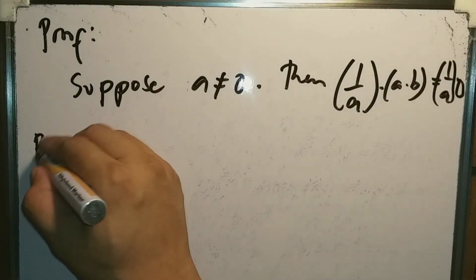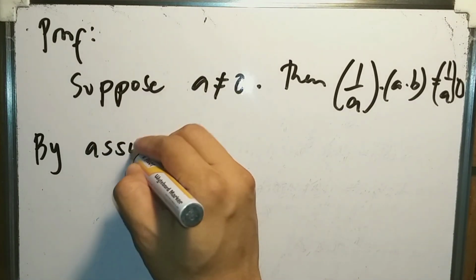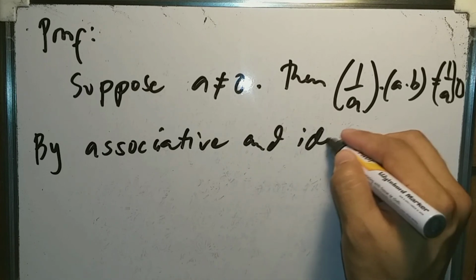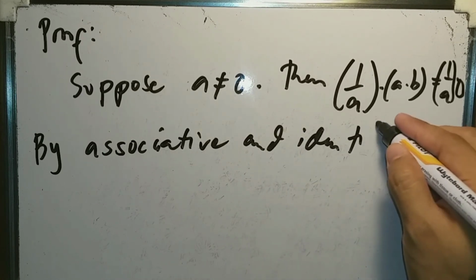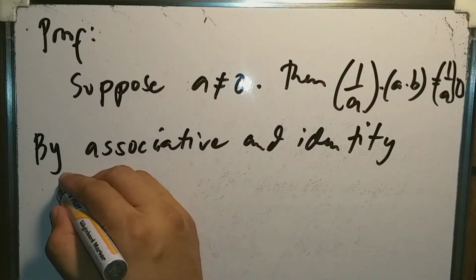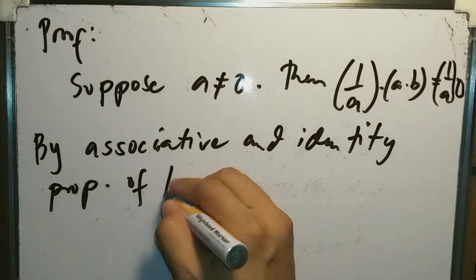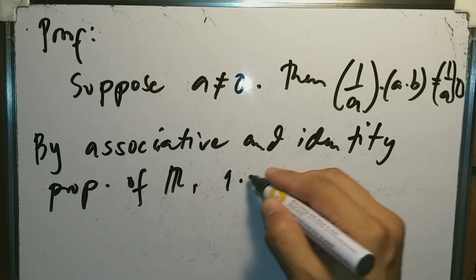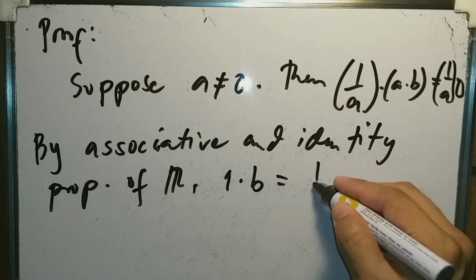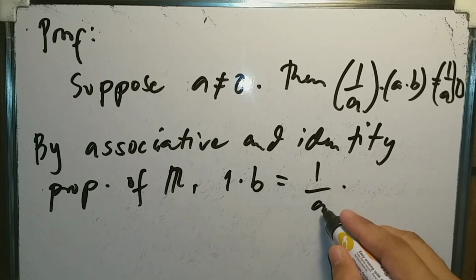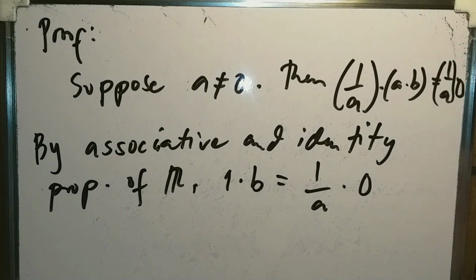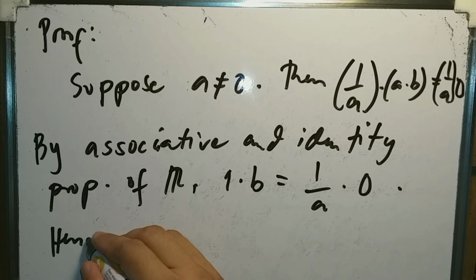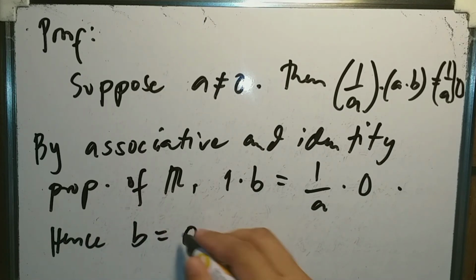And then by the associative and identity properties of the set of reals, we will have 1 times B equal to 1 over A times 0. Hence, we have B equal to 0.